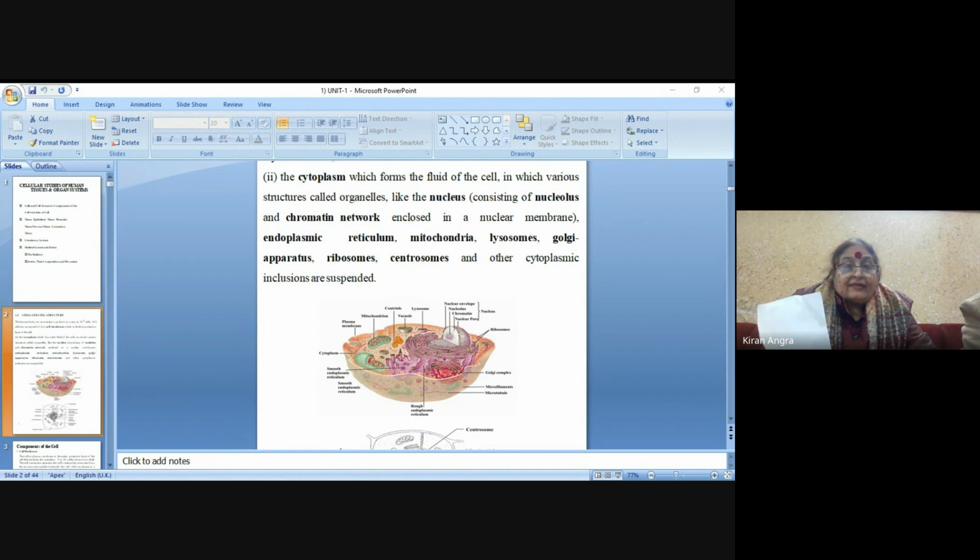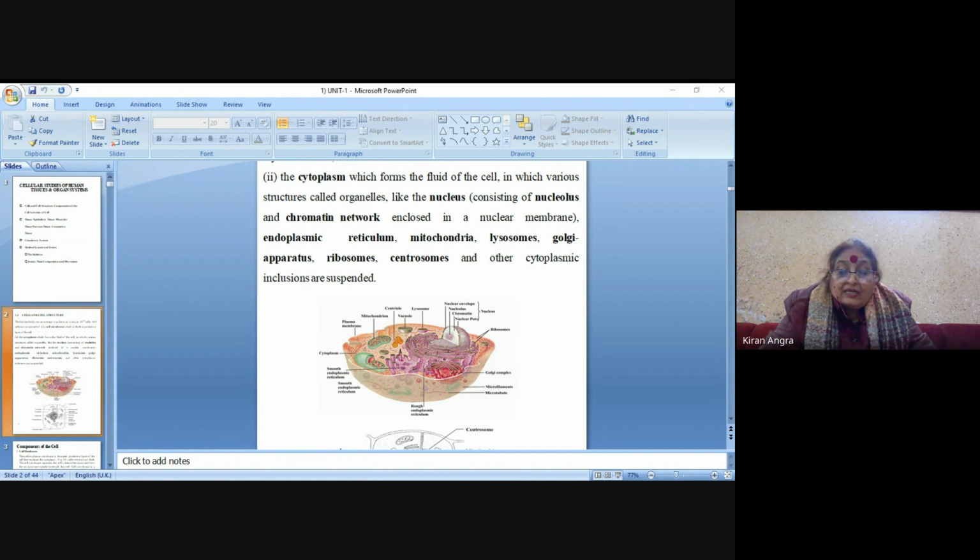Before I start anything, I'll tell you why we are starting with this. In any human body, the smallest unit is a cell. On average, the human body has 10 raised to the power 14 cells, and all those cells are composed of the cell membrane, which is a thin protective layer of the cell, and the cytoplasm.